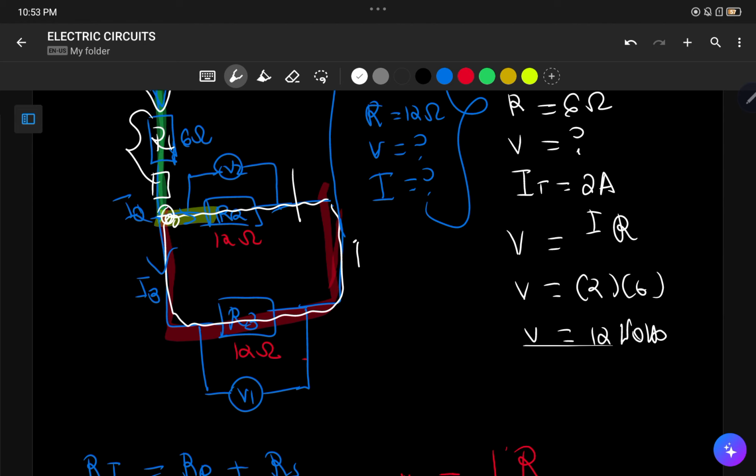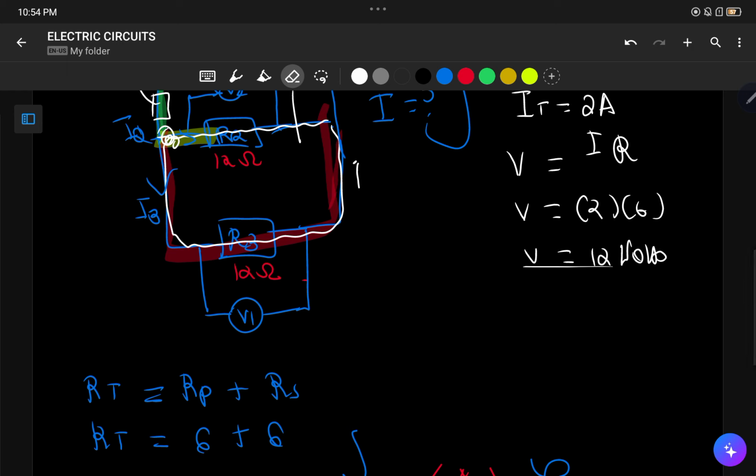What we are concerned about is the voltage of R2, for you to be able to calculate the current of R2. So, as the voltage of R1 is 12 volts and it is in series, the voltage of the battery would be equal to the voltage read by R1 plus the voltage read by V2.